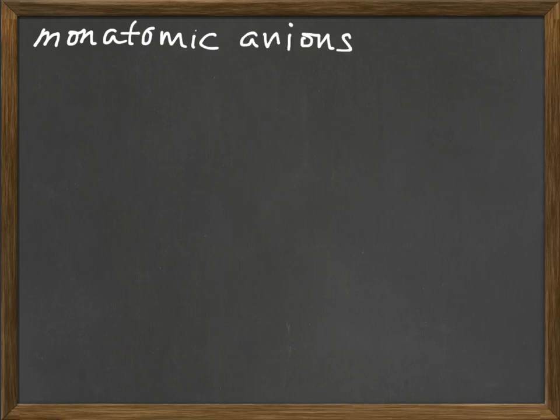Let's talk about the anions. Monatomic anions. What does mono mean? 1. So monatomic anions have 1 element. These are going to be nonmetals.